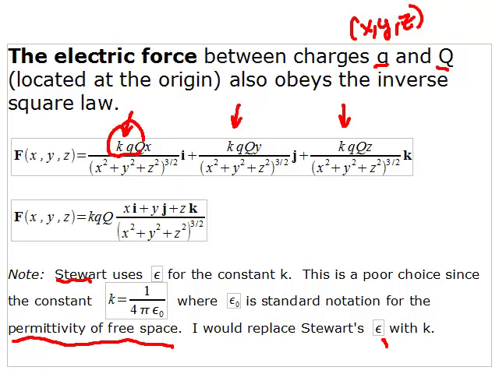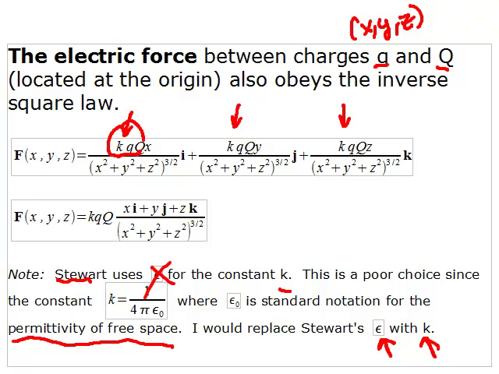So I wouldn't use this typical physics permittivity symbol for something which just really needs a constant k. Okay, so let that k sit there, and I just wanted to make that point. When you look at Stewart, you might want to cross that off and replace it with a k.